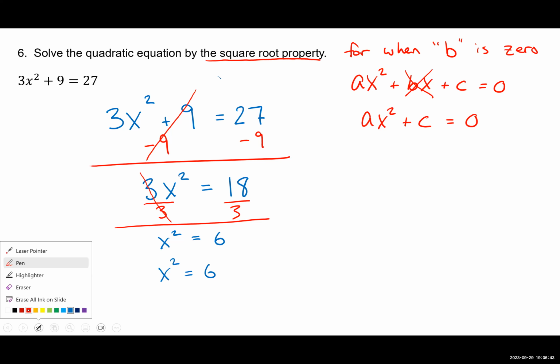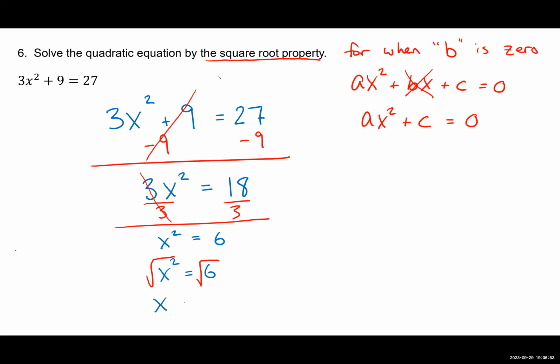What we're doing is taking the square root of the left, and we're taking the square root of the right. So on the left-hand side, we get x, and on the right-hand side, we get plus or minus the square root of 6. So we have two answers, the square root of 6 and minus the square root of 6.